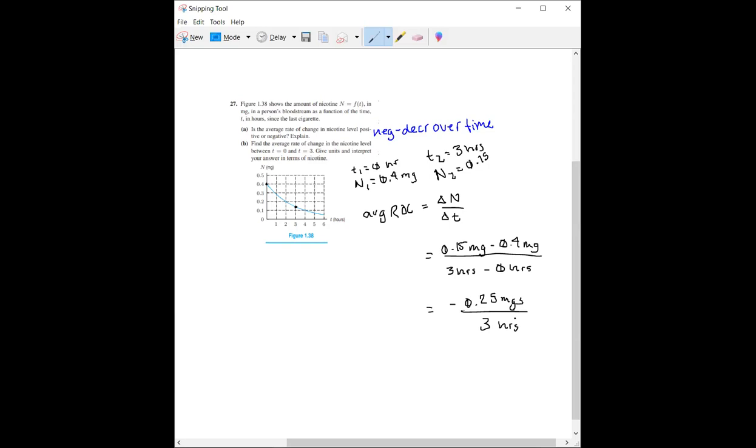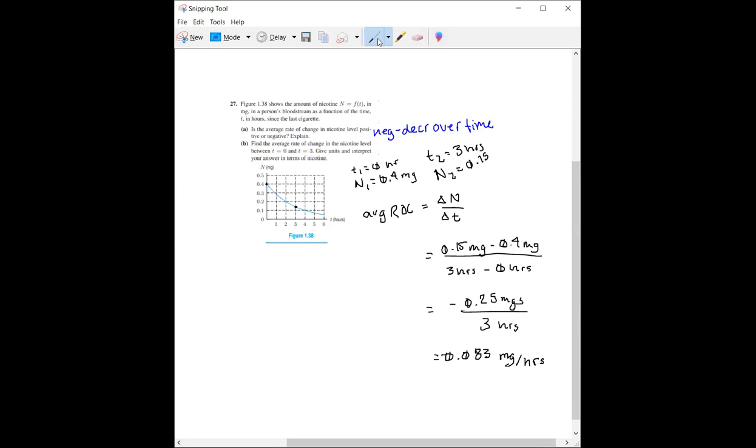It's less than 9. It's greater than 8. It is, right, 0.08. Equal decimal point there. Negative 0.083 mgs per hour.